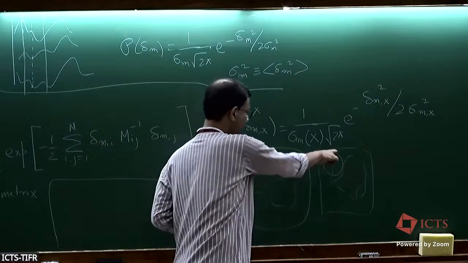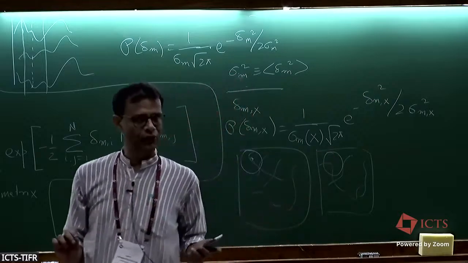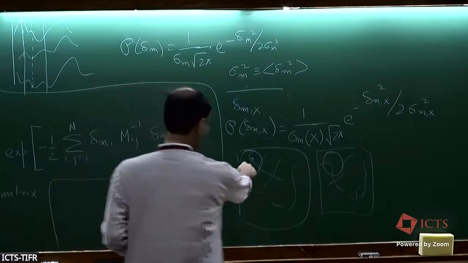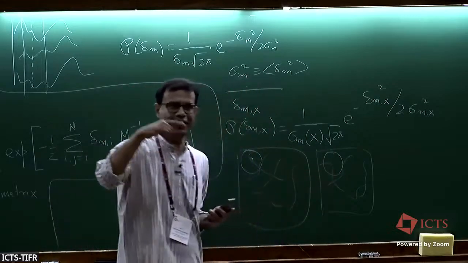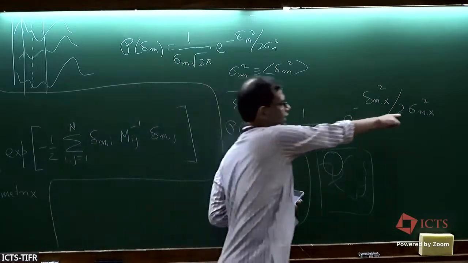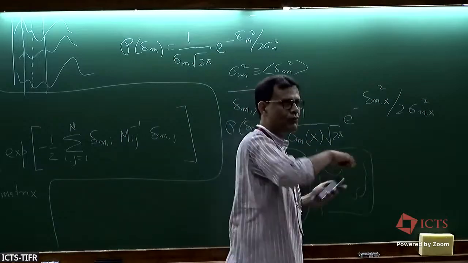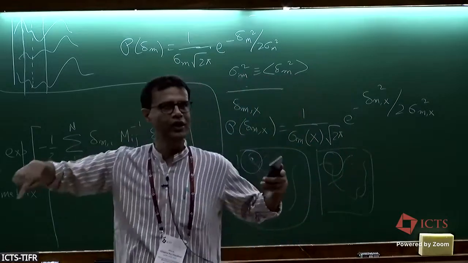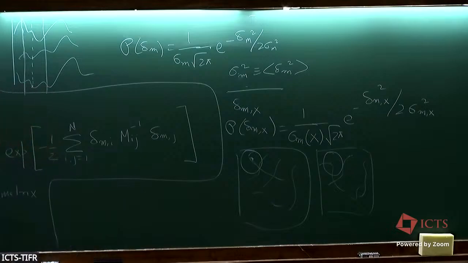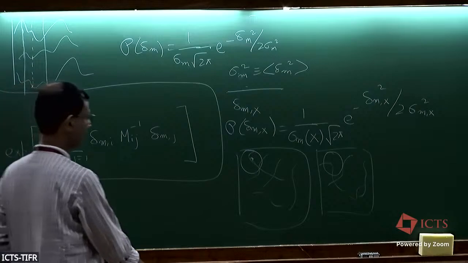Now, the values of delta, if you take the mean, will go to 0. But each of these deltas will have different values, so there will be a dispersion, and that dispersion is this. In fact, these deltas will be distributed in a Gaussian shape with a sigma given there.